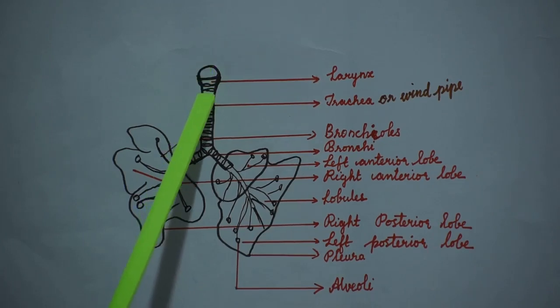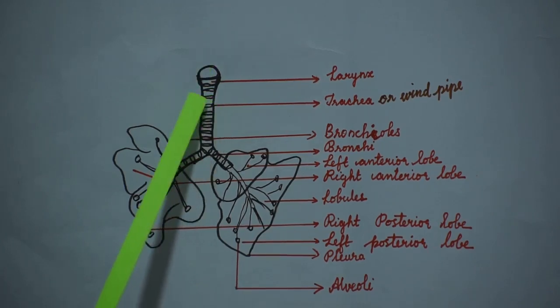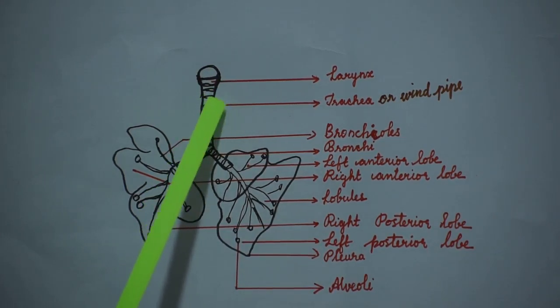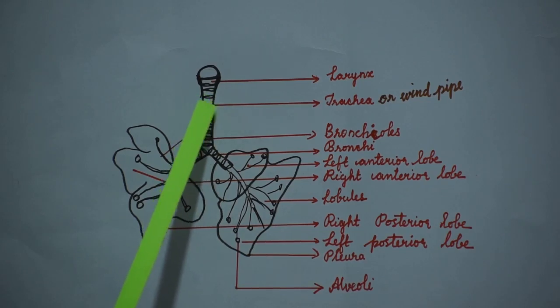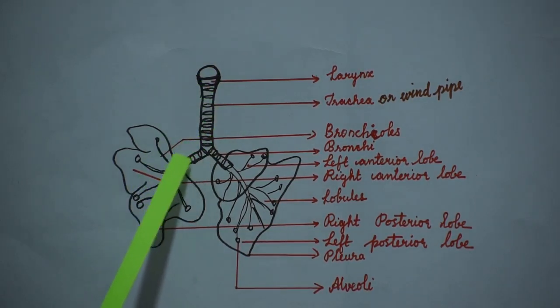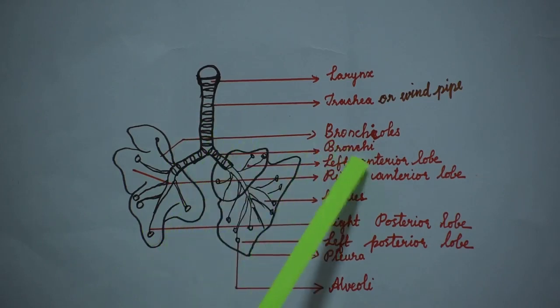Larynx opens into the trachea. The trachea wall is supported by ring-like structures called tracheal rings. It helps the air to enter freely. Then the trachea further divides into 2 bronchi.